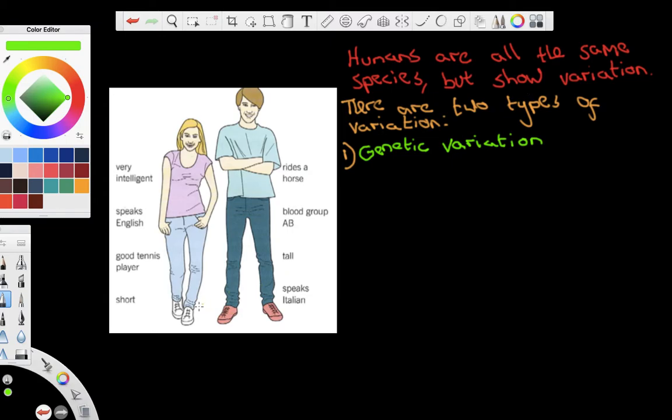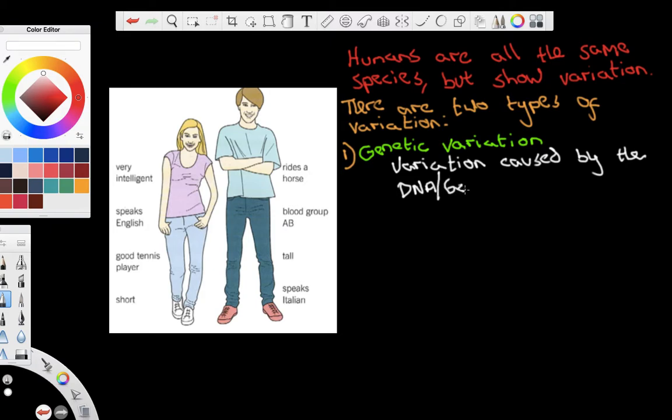So genetic variation, we can say, is variation caused by the DNA/genes we inherit from our parents.